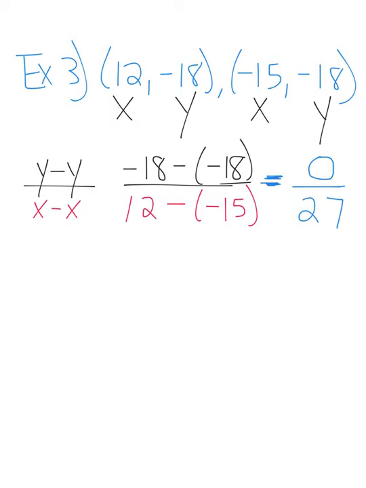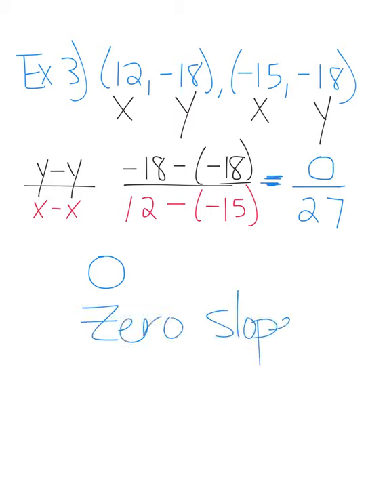If you have a 0 in the top of your fraction, this is a 0 slope. 0 divided by 27 is just 0. So this is a 0 slope. And what I like to think about is like walking the halls of Grant, just walking flat. The hallway would be a 0 slope.